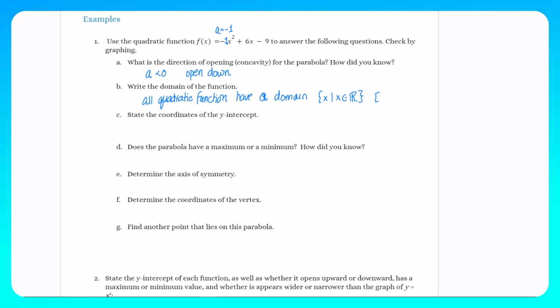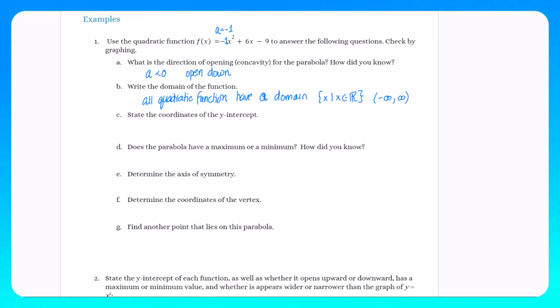Or in set notation, x is an element of the real numbers. And in interval notation, remember, we have to use round brackets with infinities on each end.